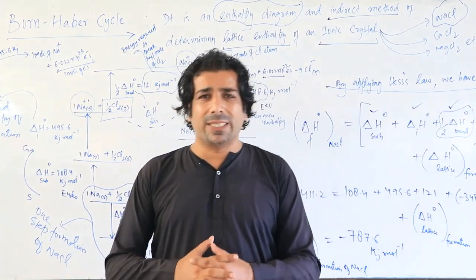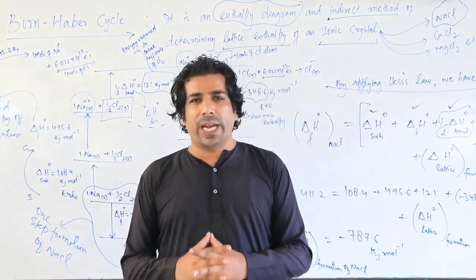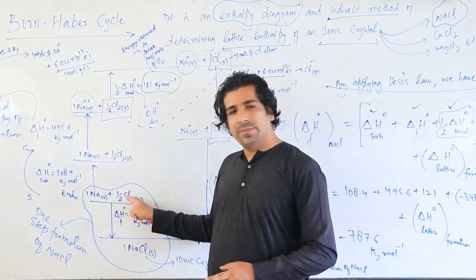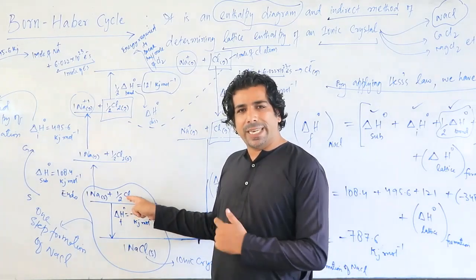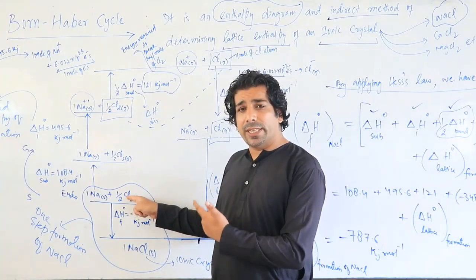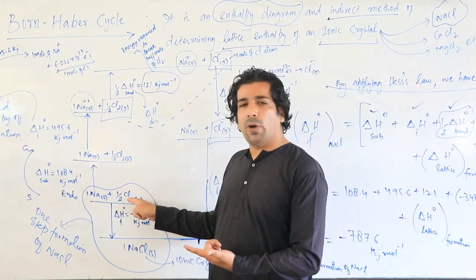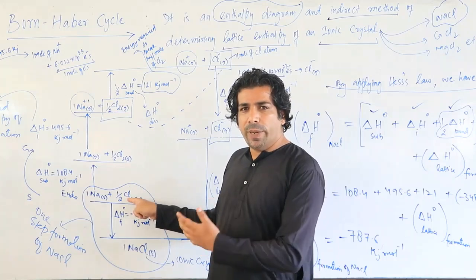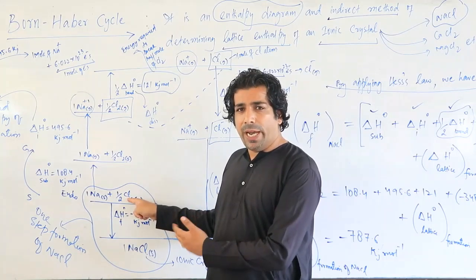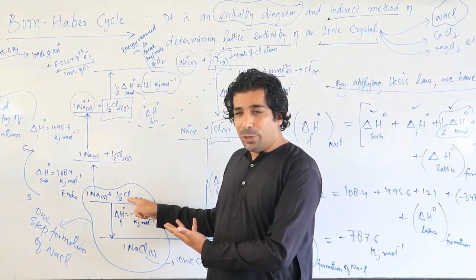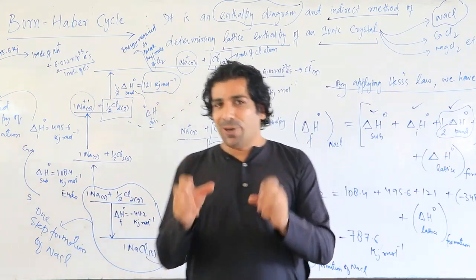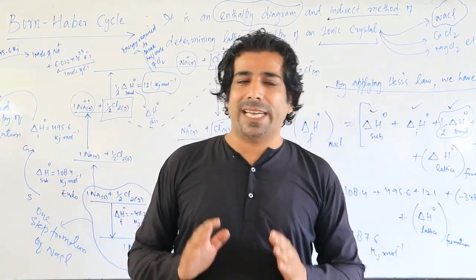Like suppose in place of sodium chloride, sodium oxide, you won't have chlorine, you will have oxygen here. So you have to calculate the dissociation enthalpy for oxygen. Or in some substances you may have bromine, or you may have iodine. So obviously the values will keep on changing, but the method is exactly the same.